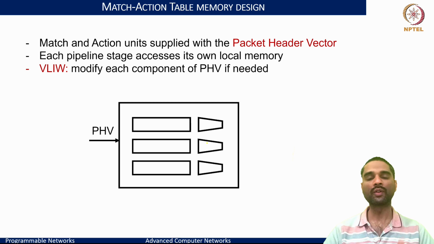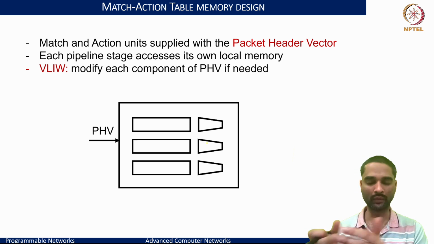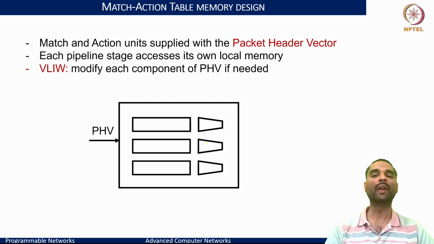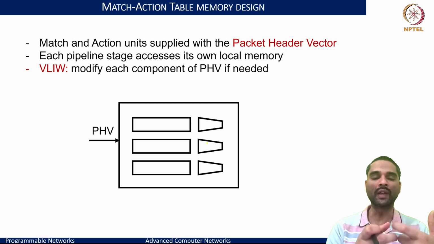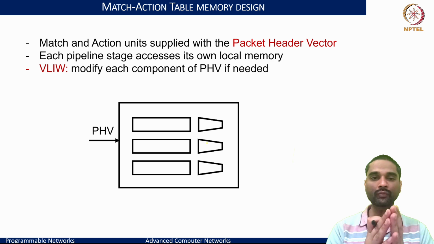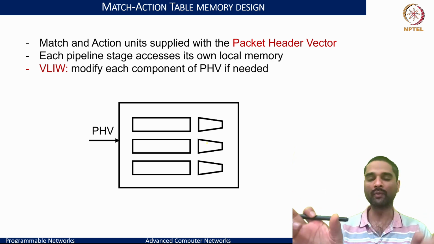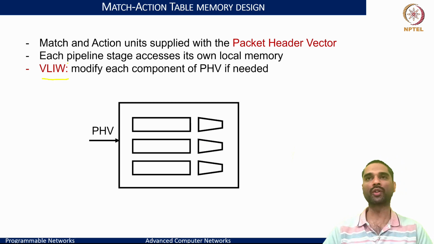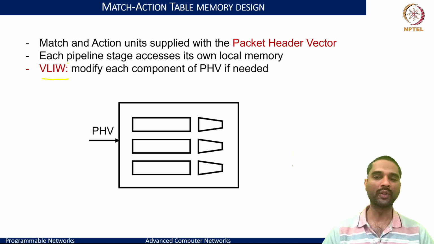For this, the actions have to be set up as part of the information that you give on a pipeline for each of the stages, as instructions like add, modify, remove, or updates that you would want to apply on particular header bits. So this is encoded as what we call very large instruction words, which modify each of the components of the PHV as necessary.